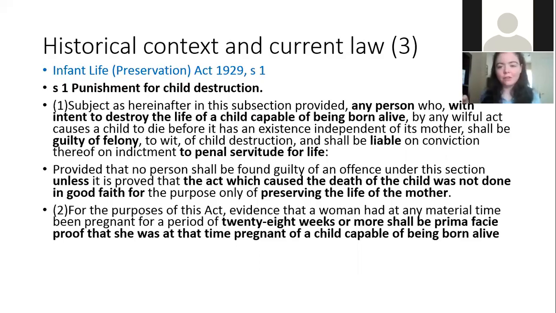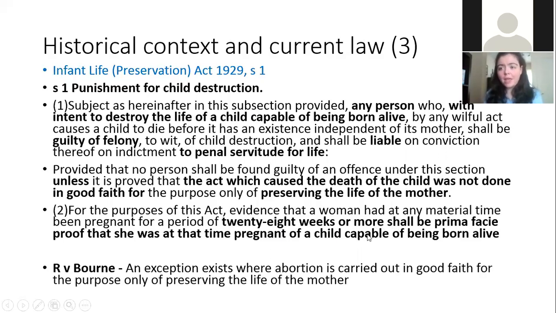It covers that bit that was previously missing between murder and abortion in the previous act that outlaws this, but it also brings in an exception that if it's 28 weeks or more, it will be permitted if it's to preserve the life of the mother only.